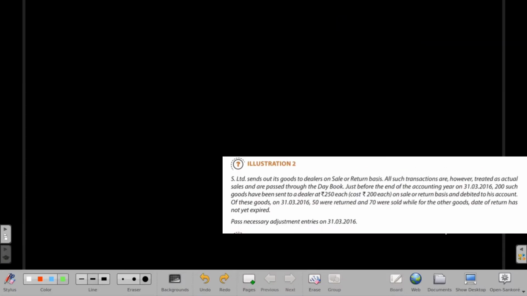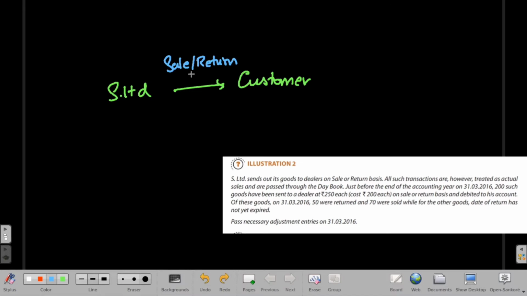Now, here S Limited has sent out some goods to the customers on sale or return basis. And all these transactions were treated as actual sales.